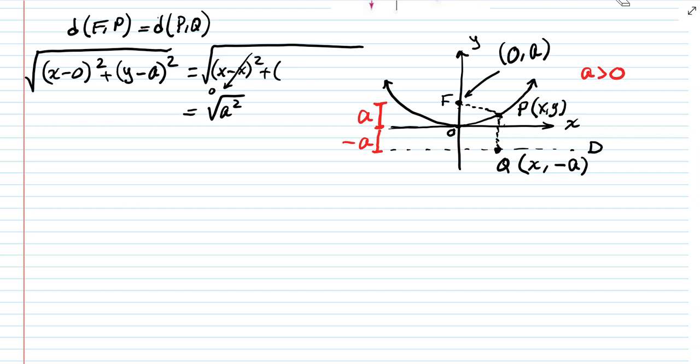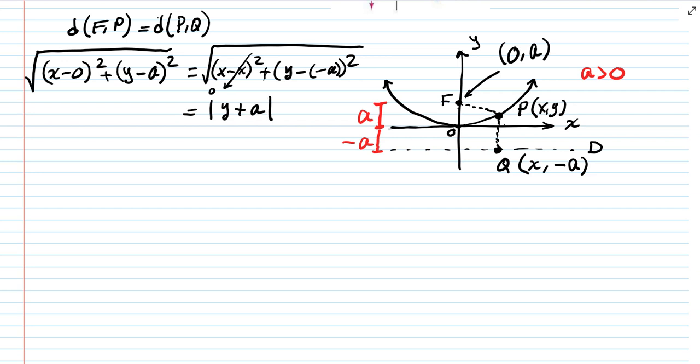So the distance now is going to be y minus a quantity squared. Okay, now that's better. Again, the coordinate of point P, the y component is y, the y component of point Q is just negative a. All right, now in parentheses I get y plus a squared, and then I'm taking the square root of that. So when we take the square root of that, we get the absolute value of y plus a.